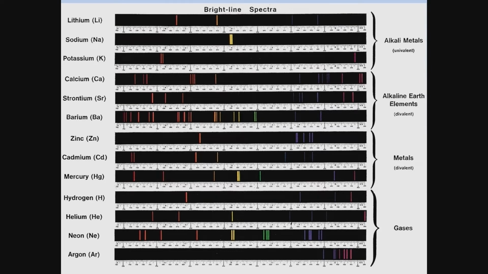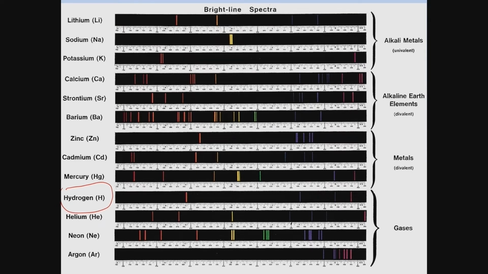The cool thing is that you can actually identify elements based on exactly the wavelengths at which these emission lines are produced. For example, we can look at hydrogen here, which we just looked at. The hydrogen spectra on this chart is pretty much what we saw before, but in the reverse direction. The red line is here, then the bluish green line there, and the two violet lines on the right.